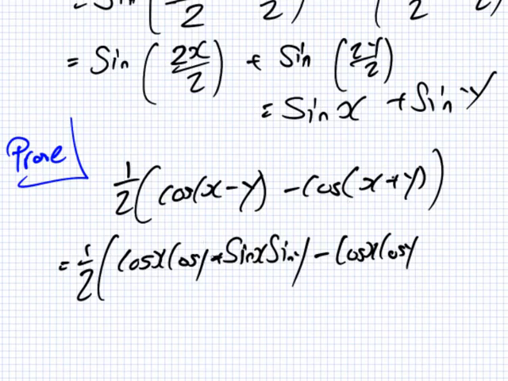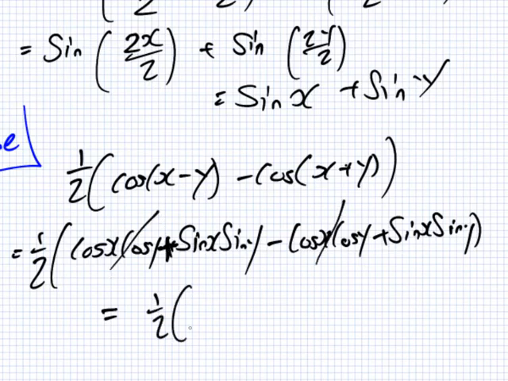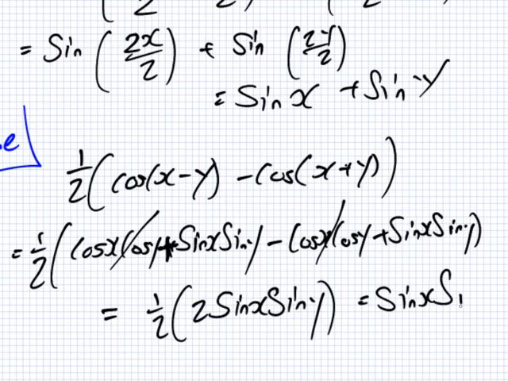That plus will make a minus, but that minus there will be a plus sine x sine y. This one here will cancel with that one there. So you'll be left with a half of 2 sine x sine y. Sine x sine y.